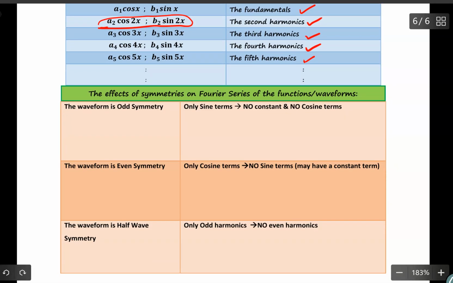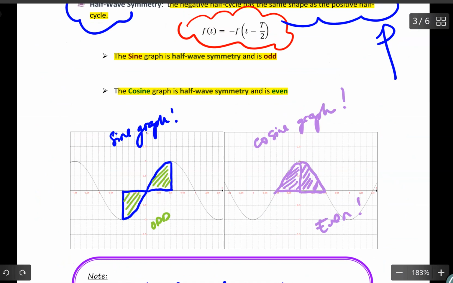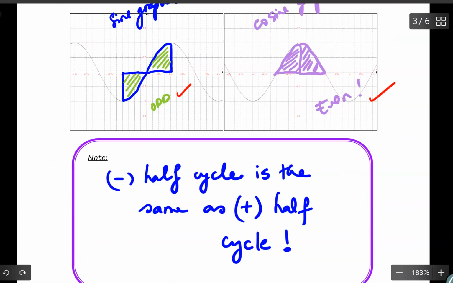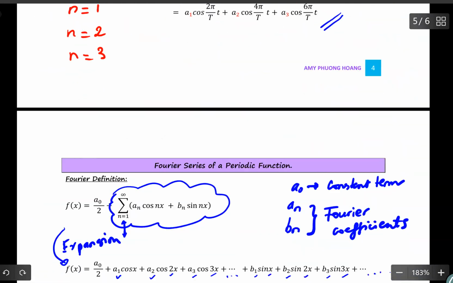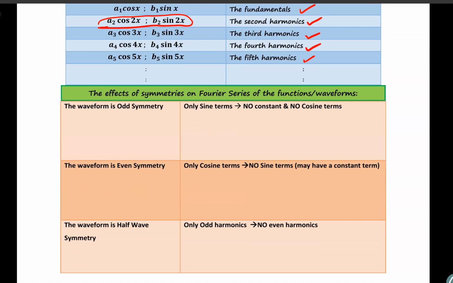There are some very important points that I would like everyone to remember about waveform symmetry. Let's go back to review. Sine is an odd function, and cosine is an even function. If the waveform is odd, then you only have the sine term.